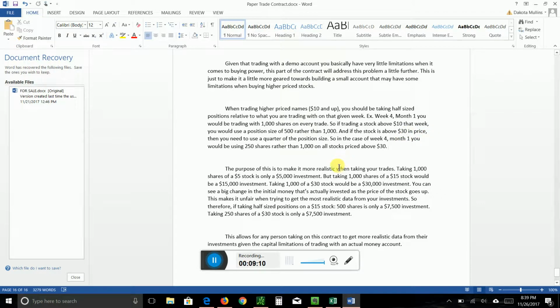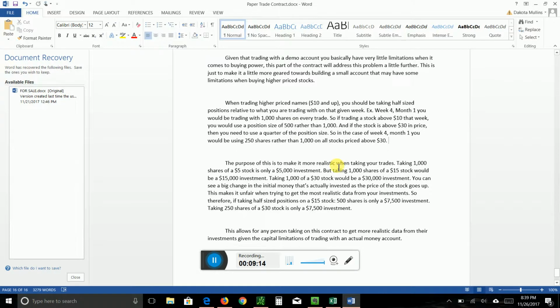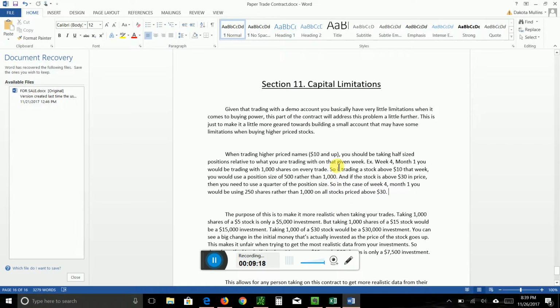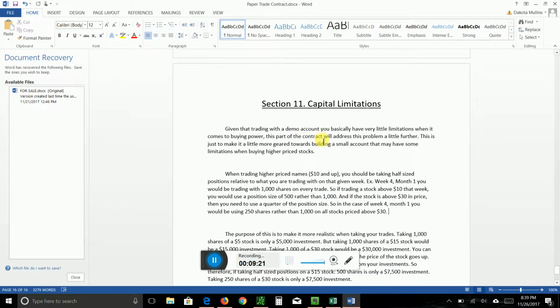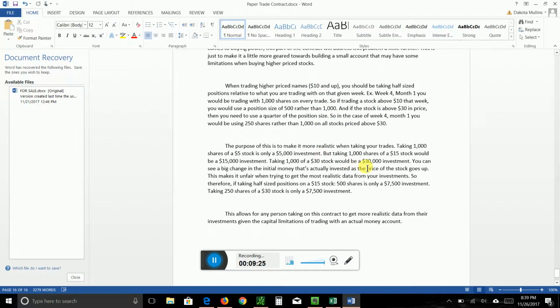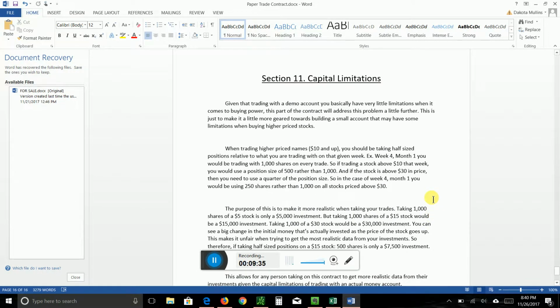And that's not really realistic when trying to make this as realistic as possible, because people that are trying to build accounts aren't going to have $30,000 to throw into a trade. There's going to be some capital limitations to that.